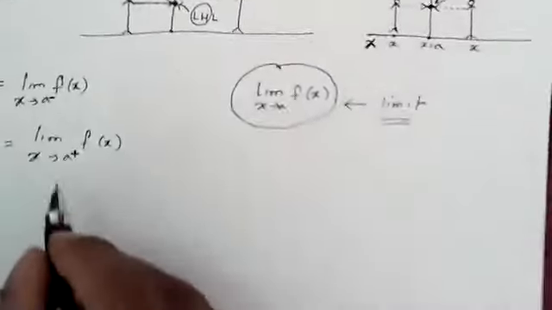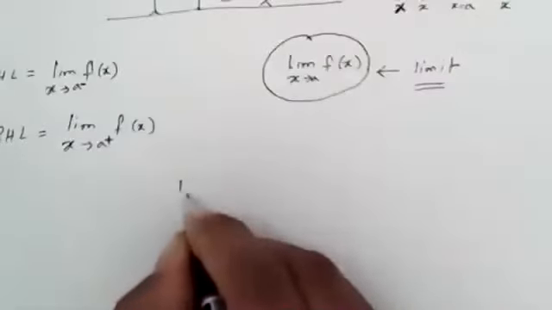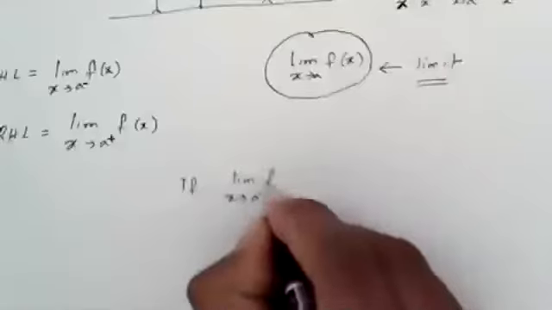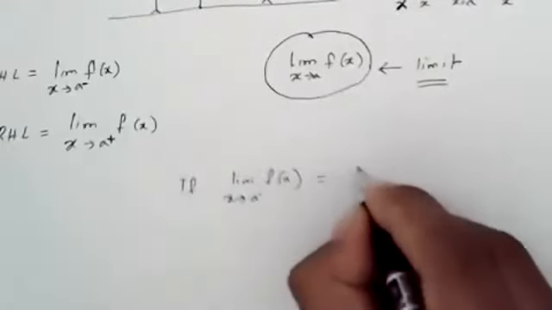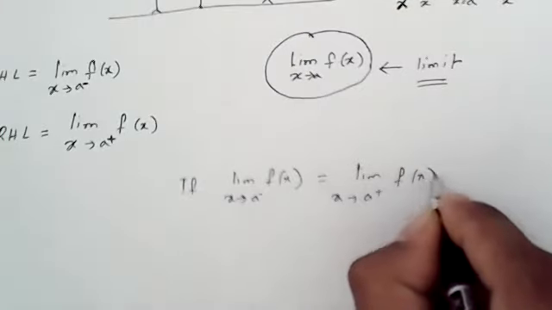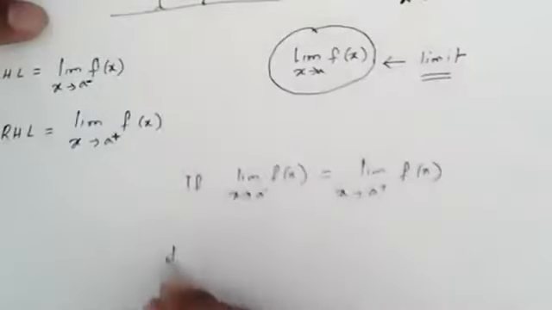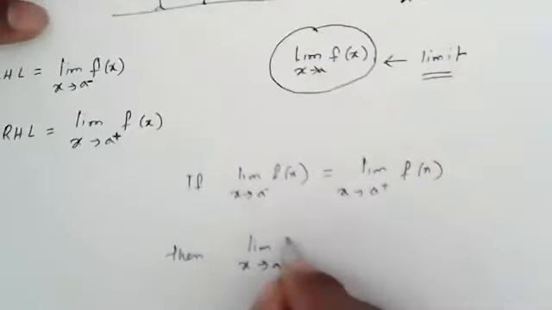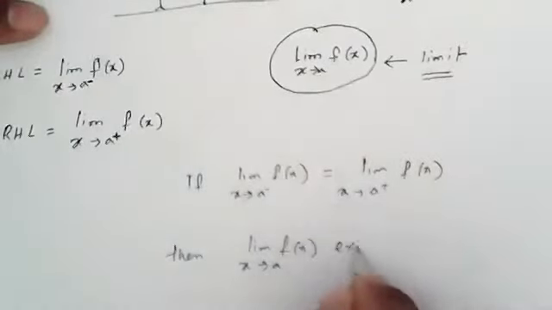Now mathematically, if the limit of x tends to a minus of f of x is equal to the limit of x tends to a plus of f of x, when this happens, then we can say that the limit of x tends to a, f of x exists.